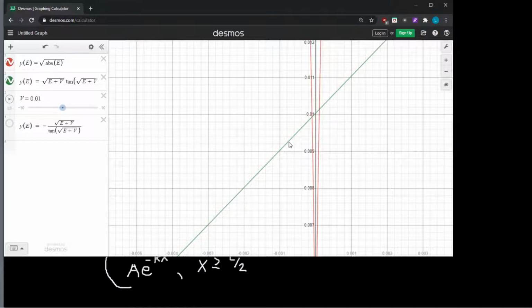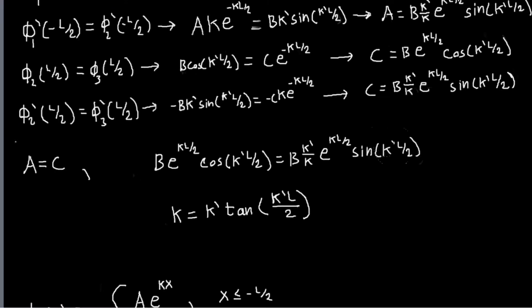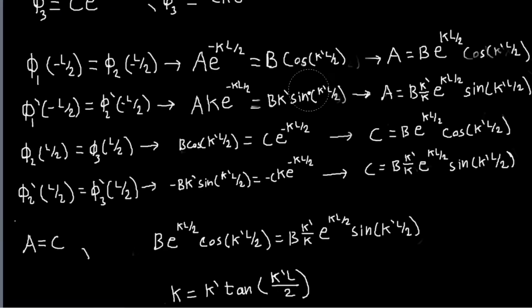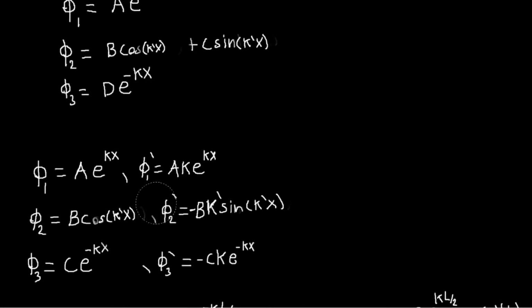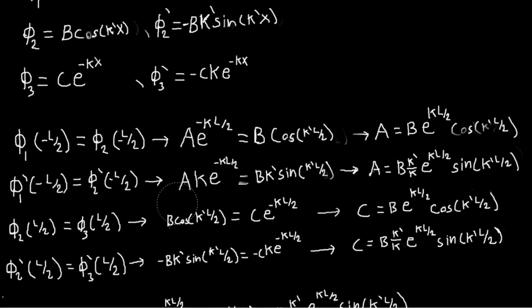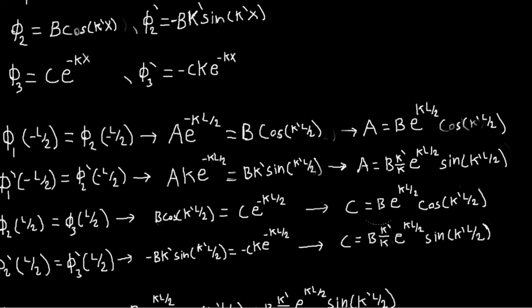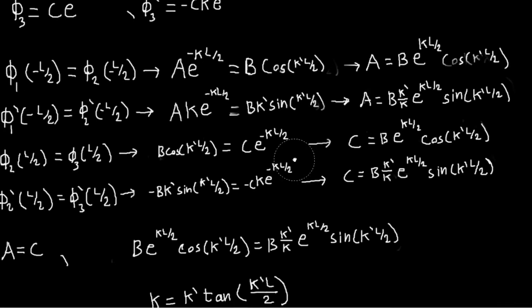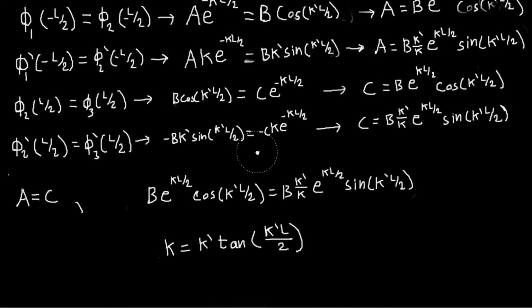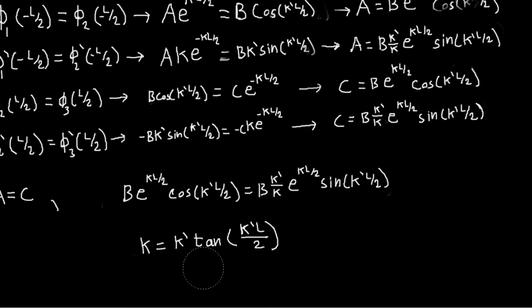Again, this was all for the even solutions. I can do the same thing for the odd solutions. I'm not going to do it because it's literally the exact same process. I would start back over from this point, and instead of choosing cosine as my solution, I would choose sine, with the same kind of boundary conditions, and I would get a different transcendental equation to solve for the eigenenergies of the odd solutions.